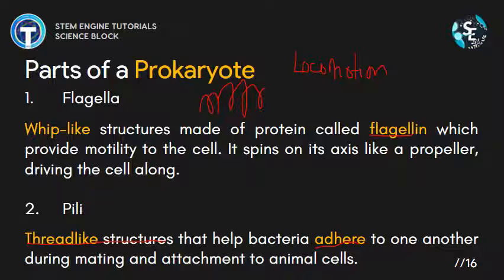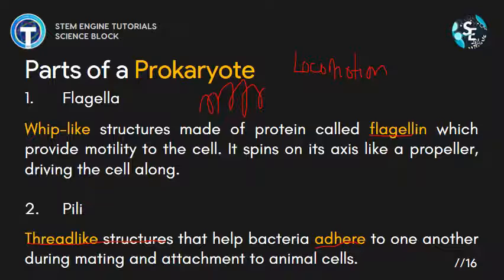Next, we have the pili or pilus for the singular term. So, ano naman ito? These are thread-like structures that help bacteria adhere to one another during mating and during attachment to animal cells. Kung si flagella ay para sa movement, si pili naman ay para sa pagkakapit.